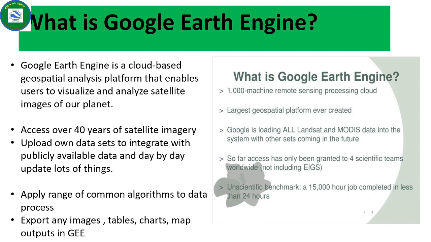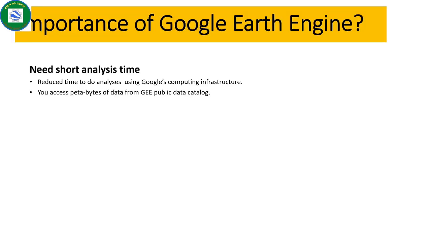What is the importance of the Google Earth Engine platform? It needs short analysis time. If you want to use ArcGIS or QGIS, first of all you need to download satellite imagery from, say, USGS or Earthdata. Lots of datasets are available, but you download very large images, then open them in ArcMap, ArcGIS or QGIS, and then analyze.